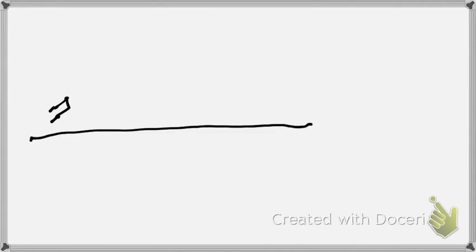So let me draw it better on this problem here. So we have a projectile motion. Let's draw a cannon here. So this is our cannon, all right? And let's just say we have a ball, like a cannonball, that is shot out of our cannon.